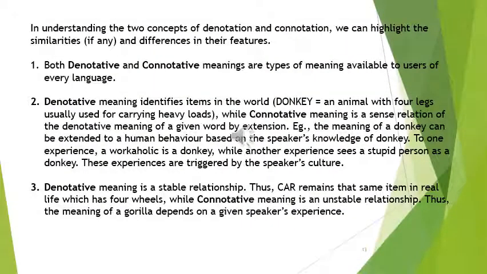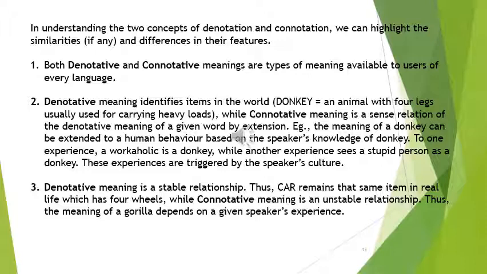In understanding the two concepts of denotation and connotation, we can highlight the similarities, if any, and differences in their features. Number one, both connotative and denotative meanings are types of meaning available to users of every language.